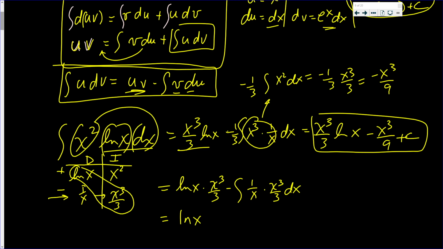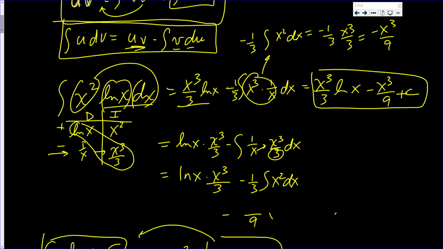So the ln of x times x cubed over 3, that's done. I can pull out a third here, and x cubed over x is x squared dx. But that integral is straightforward. So let's not forget what's in front.